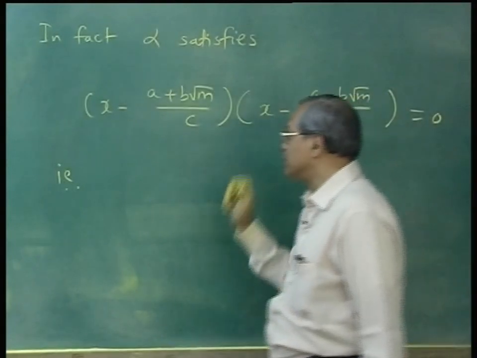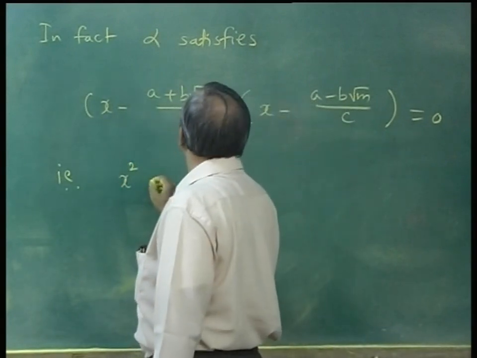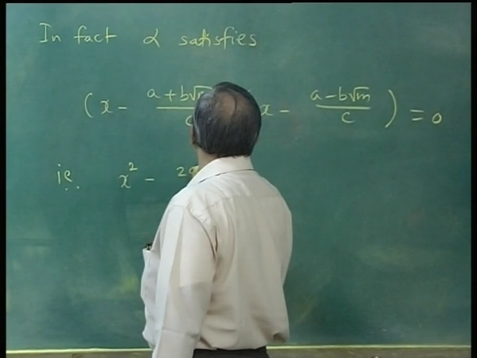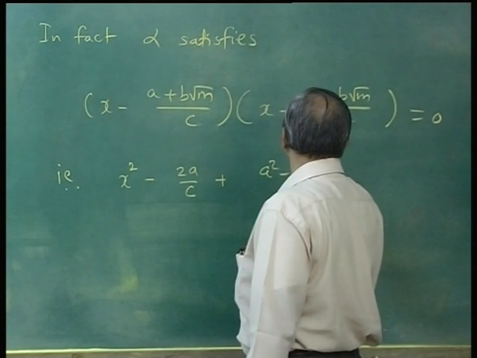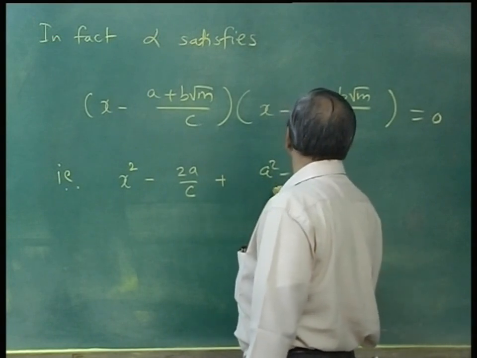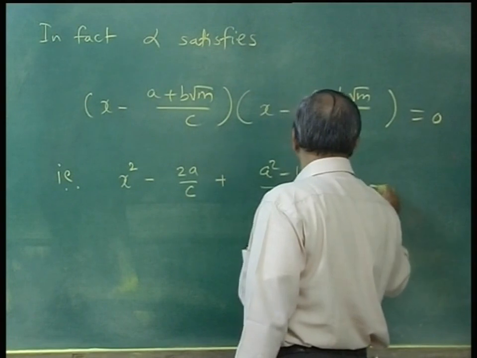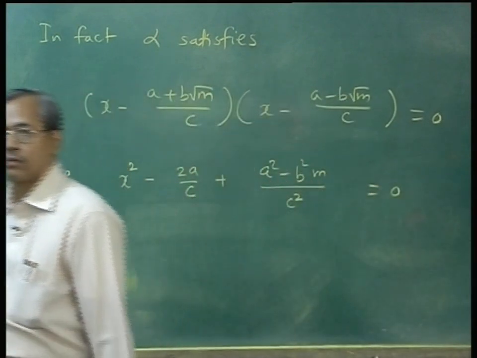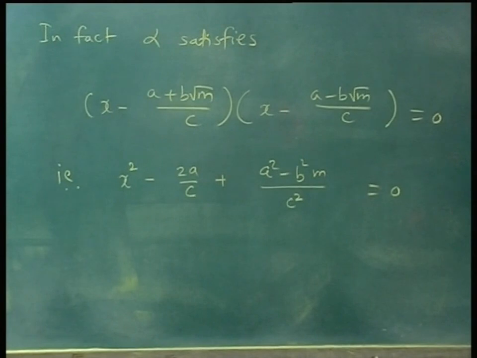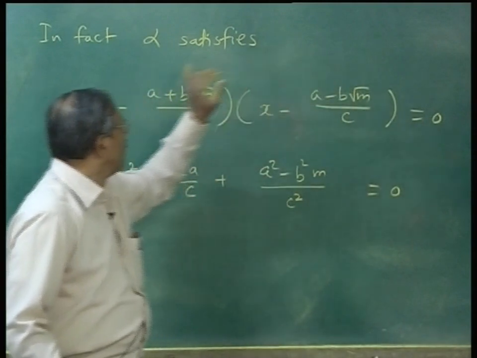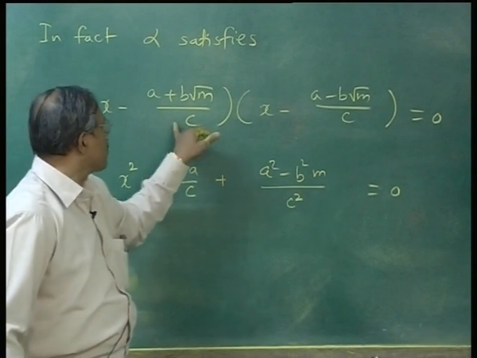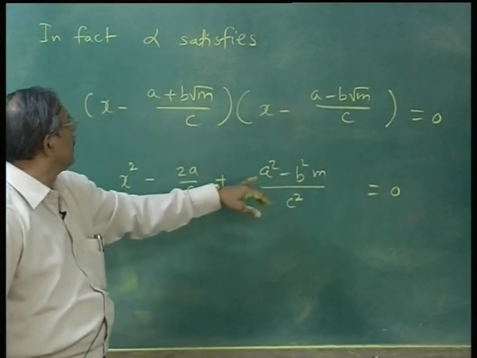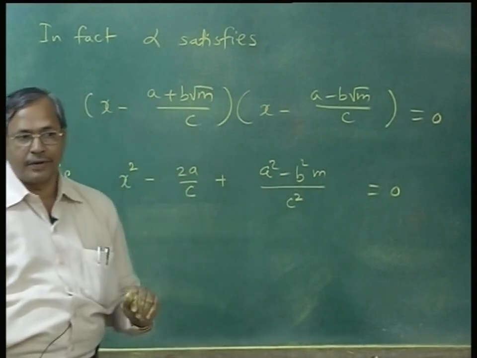Now simplify this. What is this polynomial? X square minus 2a upon c x plus a square minus b square m upon c square equal to 0. See, these are roots alpha and beta, and the sum of the roots is 2a upon c, and the product of the roots is a square minus b square m divided by c square.